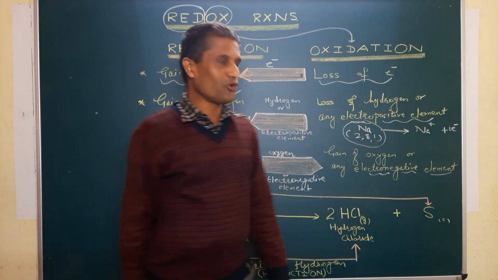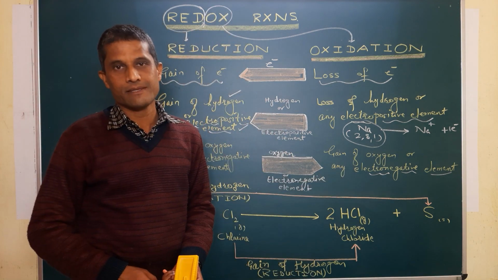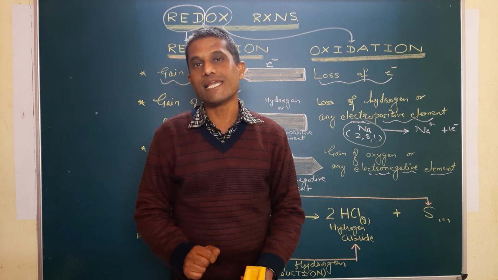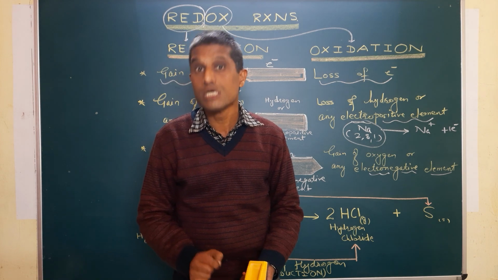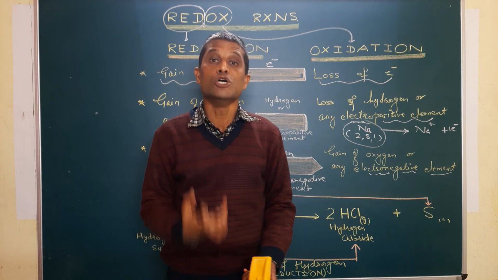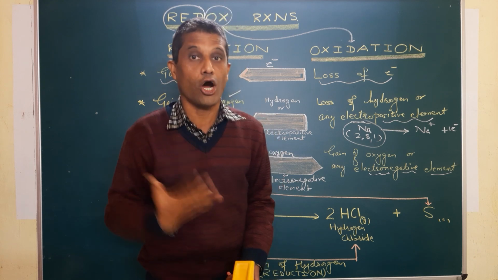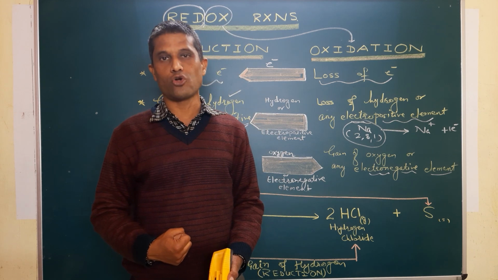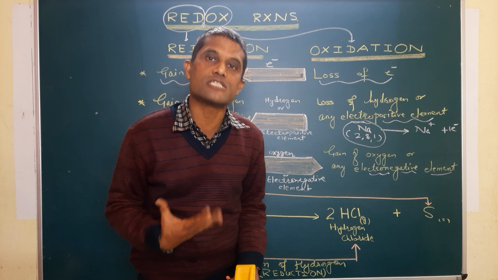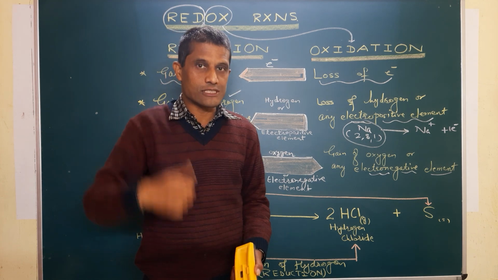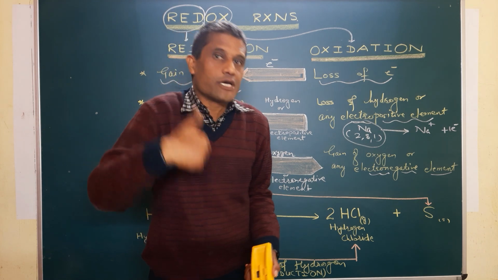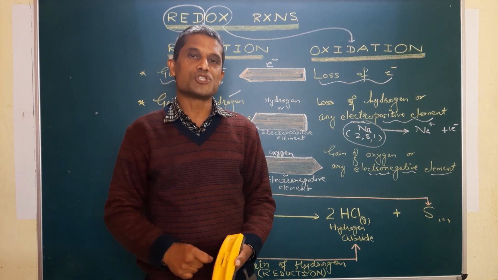Those elements are known as electronegative elements. Remember, non-metals are electronegative in nature, because non-metals have a tendency to gain electrons in order to acquire the stable electronic configuration of the nearest noble gas, and in the process non-metals get converted into negatively charged ions.